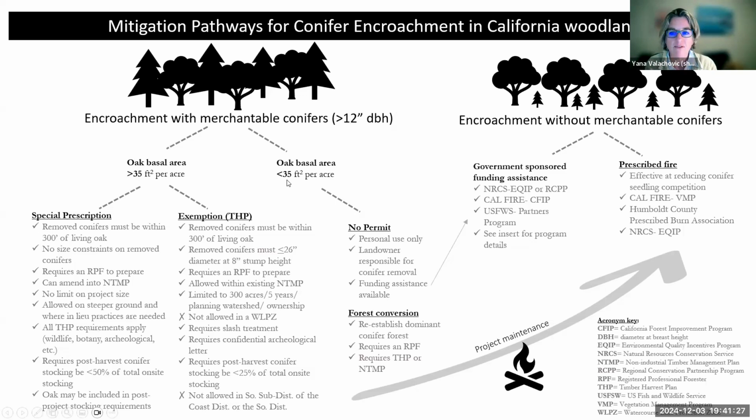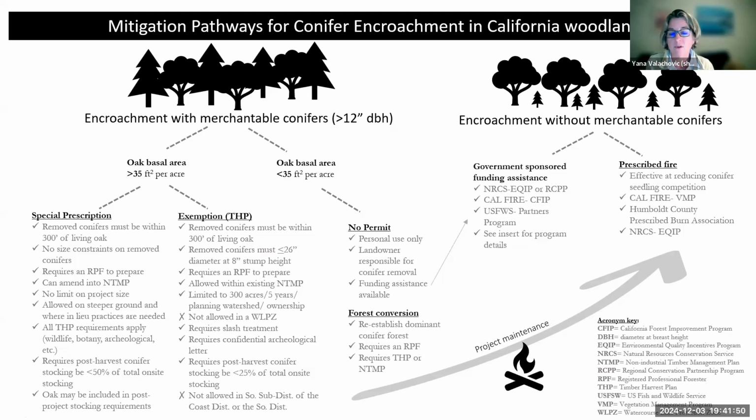Assuming that you have enough basal area, and this is for those folks that either have to get a CEQA basis for maybe some funding, or they're interested in being able to merchandise some of those conifers because they're now of a size class where you could actually sell them.